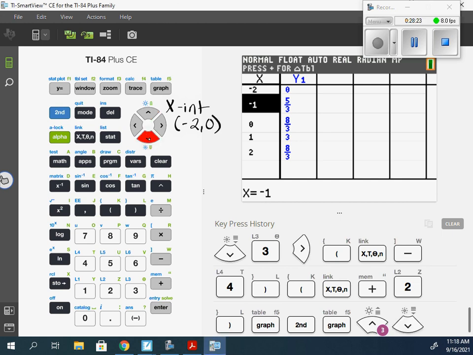Now we can scroll down. And the other x-intercept is at 4, 0.